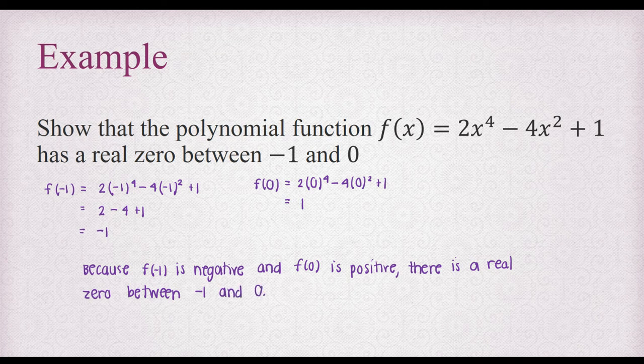All right, because since one number is negative, one number is positive, it had to cross that x-axis at some point between them, which tells us that we have a 0, or technically an x-intercept. Okay, so that just verified it.